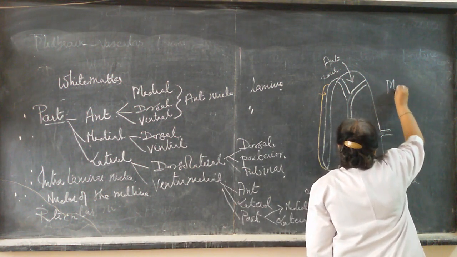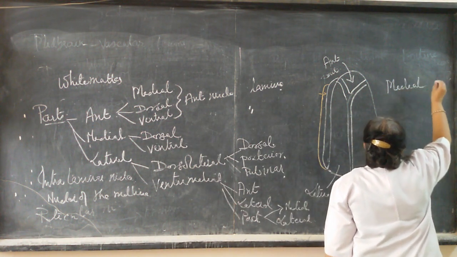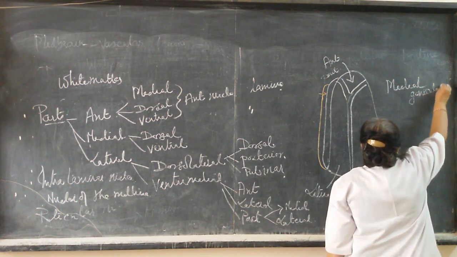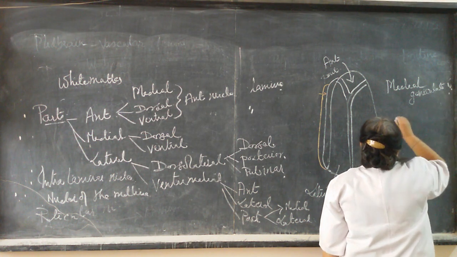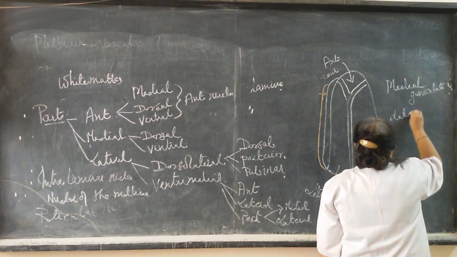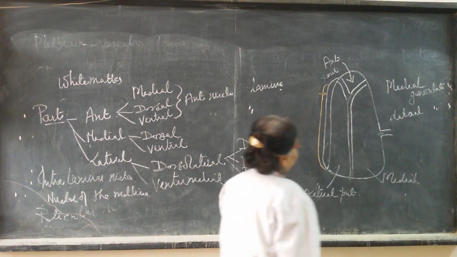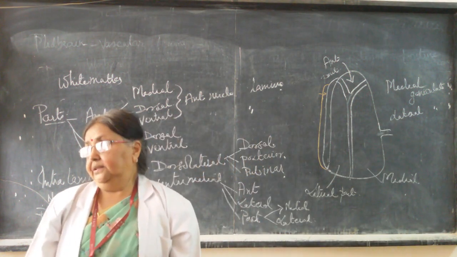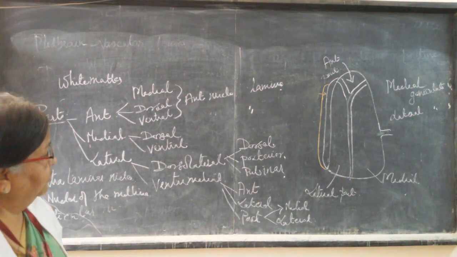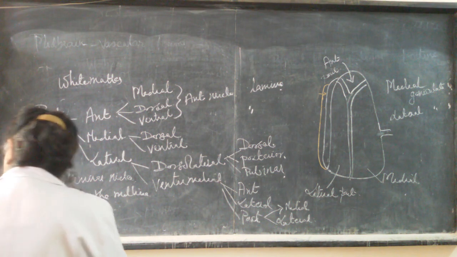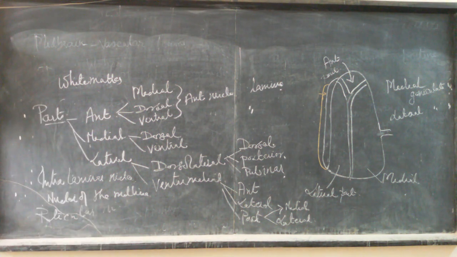The medial and lateral geniculate nuclei are collections of grey matter in the medial and lateral geniculate bodies, which are located in the posterior part of the pulvinar.